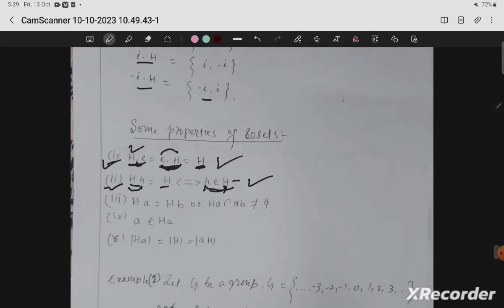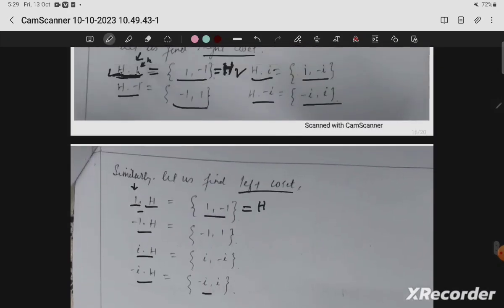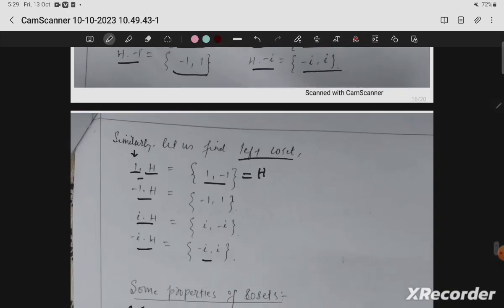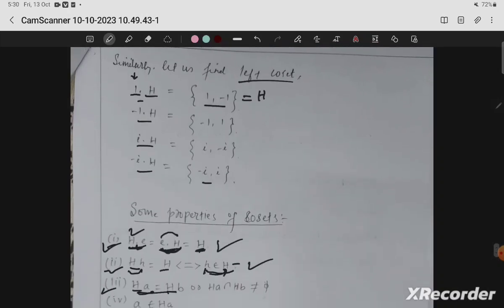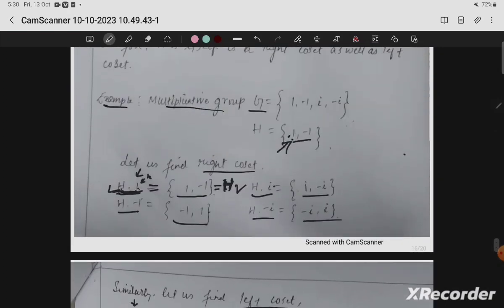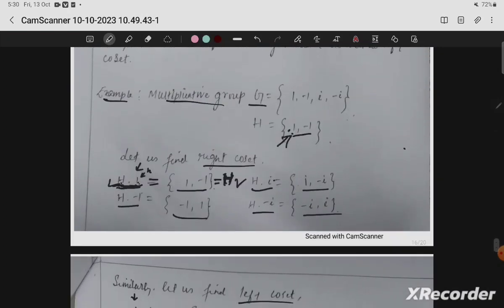Now the third property is Ha equal to Hb. We will show this using the right cosets, since both are right cosets. Let's say this is Ha and this is Hb.